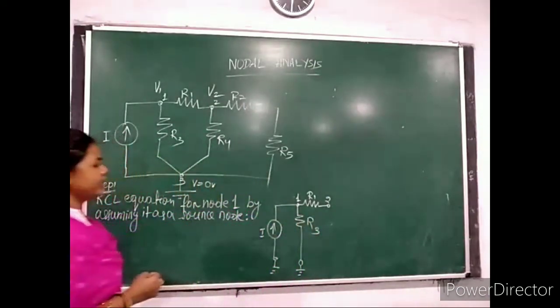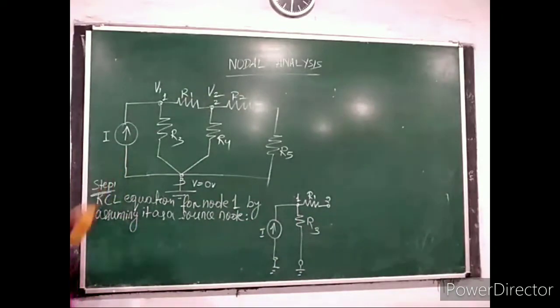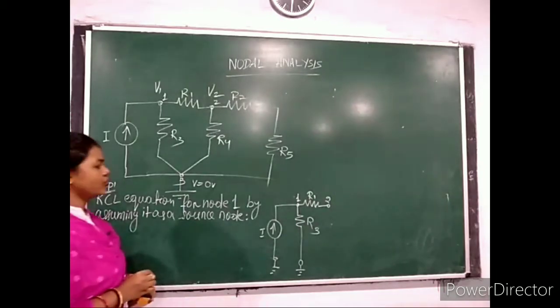This is my simplified circuit. Only this current source I, resistances R1 and R3, these are connected with node 1. So what is the nodal equation now?